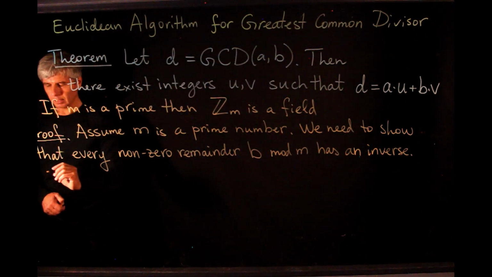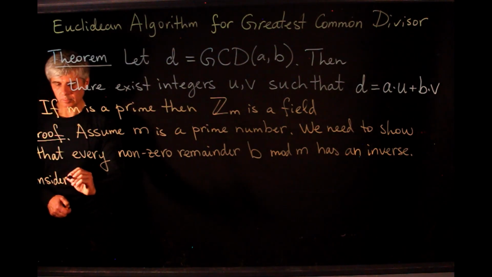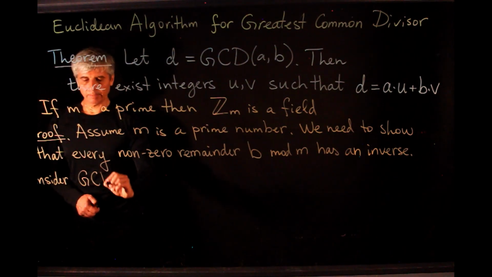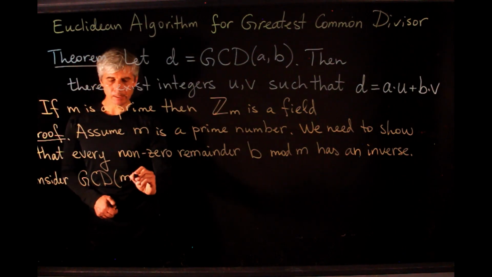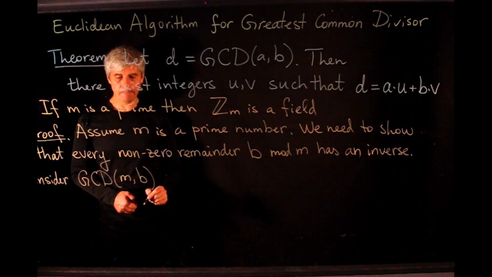Now, let us consider the greatest common divisor of M and B. Now, what would it be?